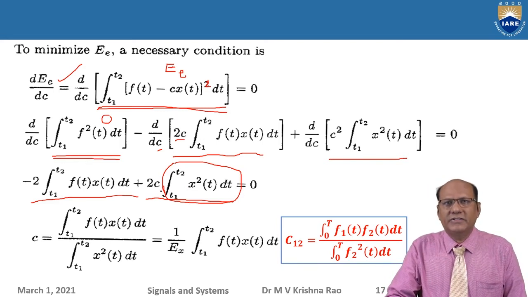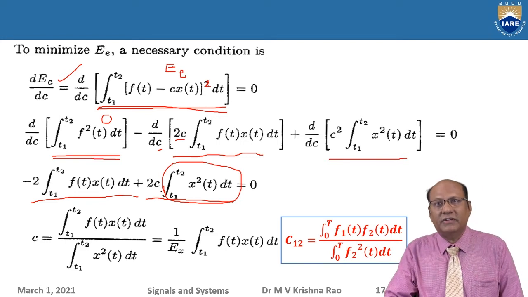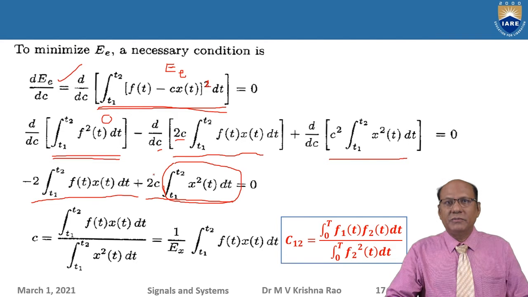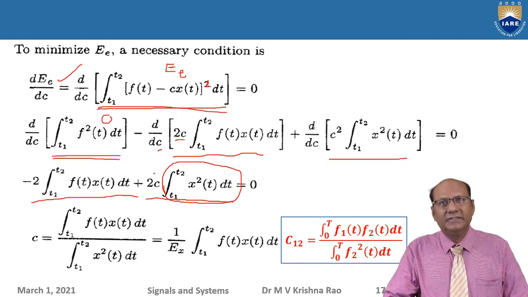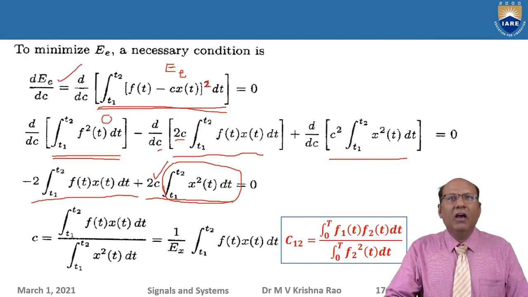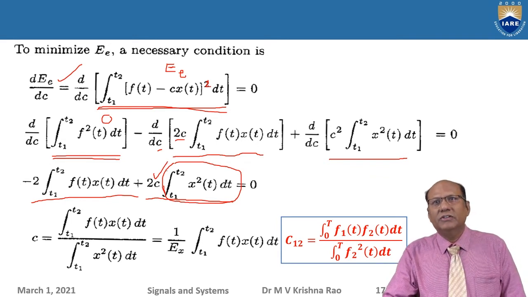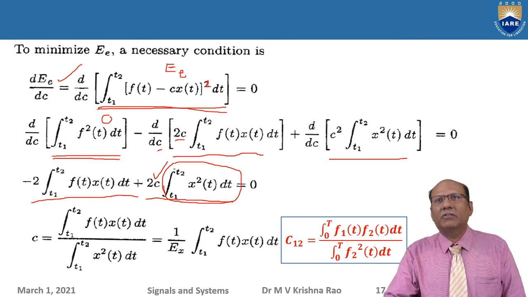In the approximation, c is the constant, but in this equation, c is the variable, because we are differentiating the error energy with respect to c. So c is the variable here. All other things are constants with respect to c. So that's why this constant quantity we keep as it is, and c square we differentiate to get 2c. So this is what we have.